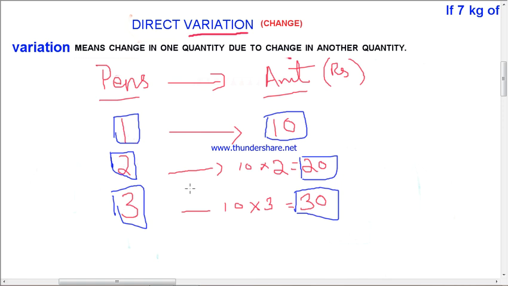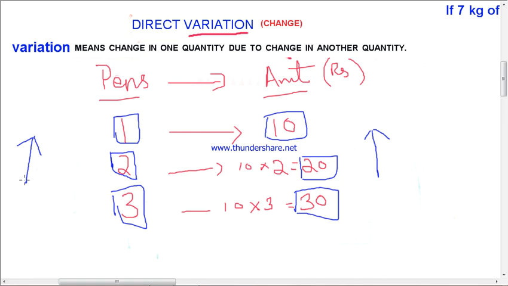So when you see this kind of change, that means both the quantities are increasing. I'll give an arrow over here in the first quantity and an arrow in the other quantity. If there is increase in one quantity due to increase in another quantity, it is said to be direct variation.